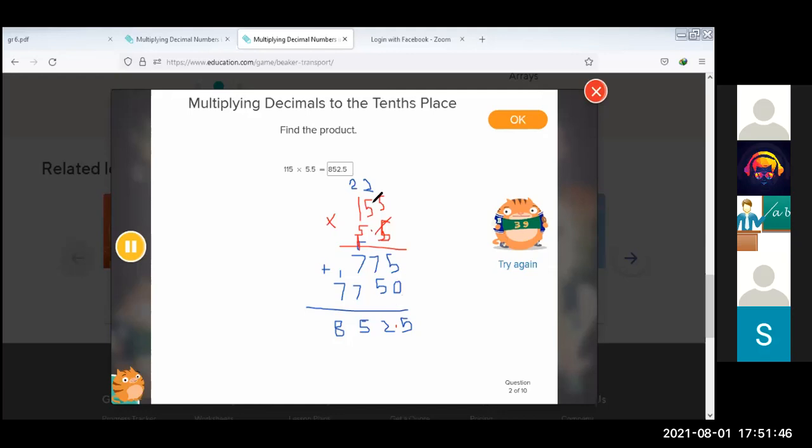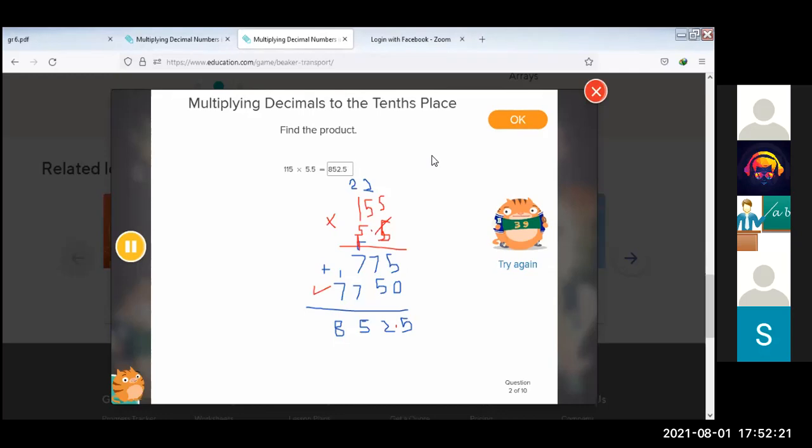Put your 0, as you know. 5 times 5, 25. Put 5 and 2 up. 5 times 5, 25, and the 2, 27. Put 7 here and 2 up. 1 times 5, you make it here. It's okay. Let's check the addition. 5, 7 and 5, it's 12. Carry up 1. It will be here 8 and 7, 15. Carry up 1. When I write it, it's 1852.5.